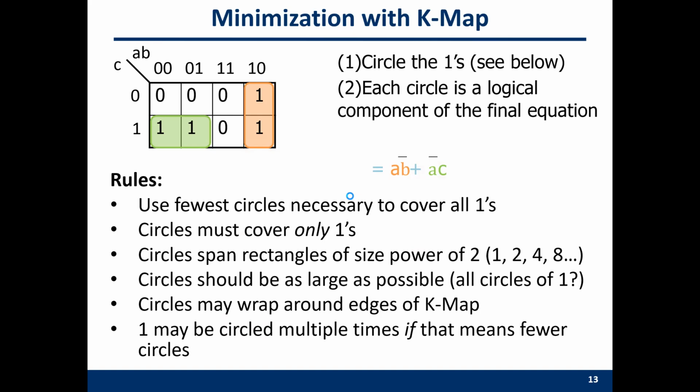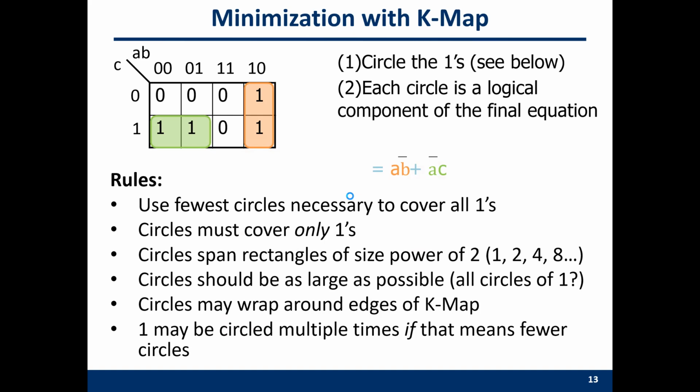Then I need to write these 3 circles back into the equation. For example, this one. For this one, A is always 0 because this one is 0, 1, 1, 1, 1, 0, 3 ones.